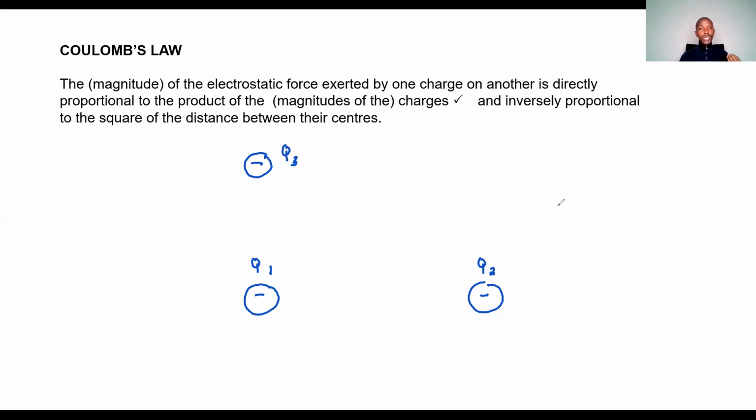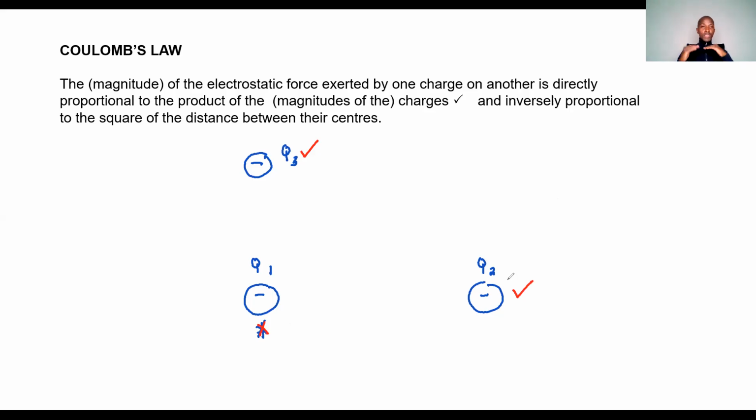Let's say, for an example, we want to know the net force acting on object Q1. So we want to know the net force that's acting on this particular object Q1 due to Q3, which I see there, and Q2, which I also see there. Fine, it's possible to get this right.